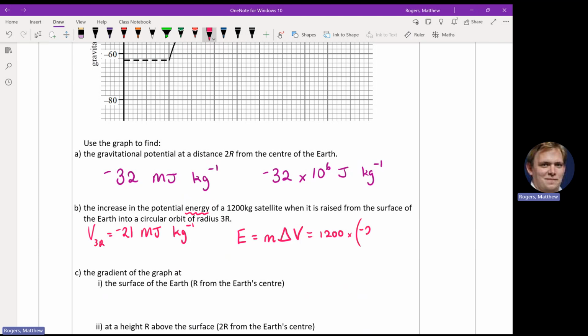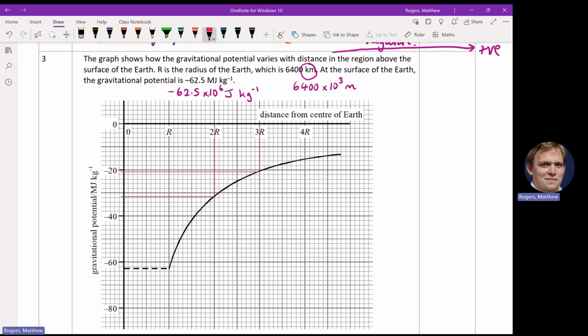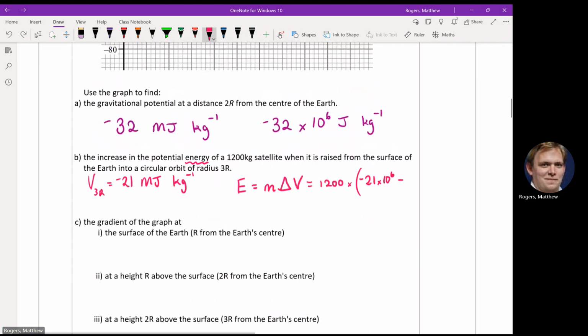So the final is minus 21, remembering this is times 10 to the 6, minus the initial, which it tells us up here, 62.5 times 10 to the 6. So we can work out the value of this, again to two significant figures, 5.0 times 10 to the 10 joules.